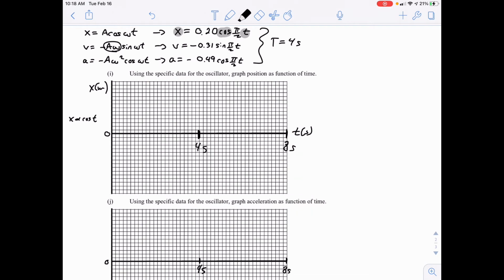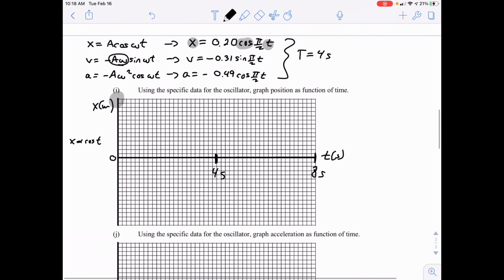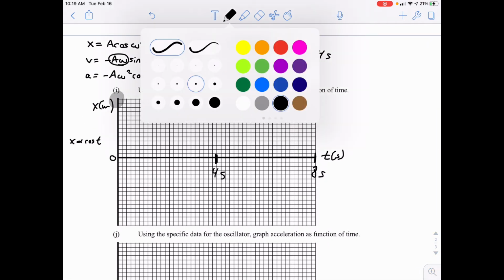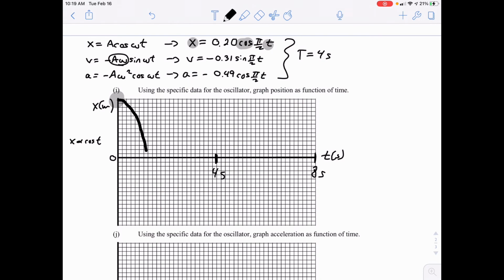Remember, cosine functions start at the amplitude. Right here, at time equals 0, they start at the amplitude. So there's your basic cosine wave. Now, you just have to make sure it repeats every 4 seconds. So in other words, the graph ought to look like this. There's 1 repeat. There's 2 repeats.